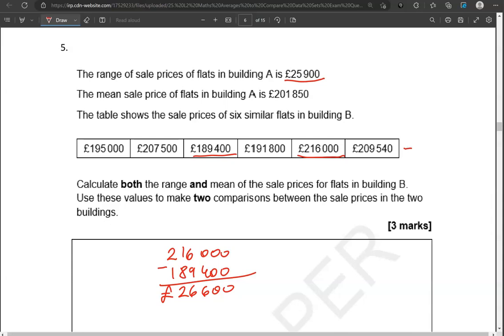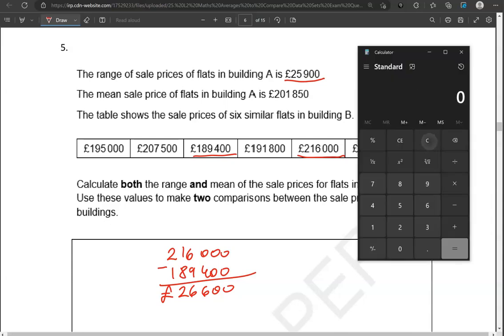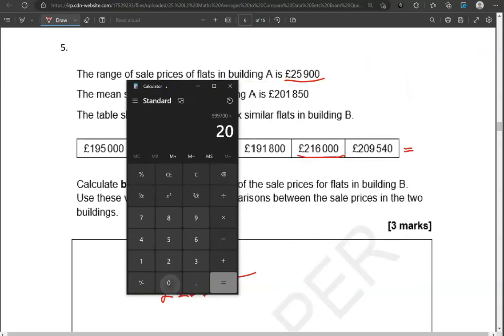So we can add all of these together. 195,000 plus 207,500 plus 189,400 plus 191,800 plus 216,000 plus 209,540.